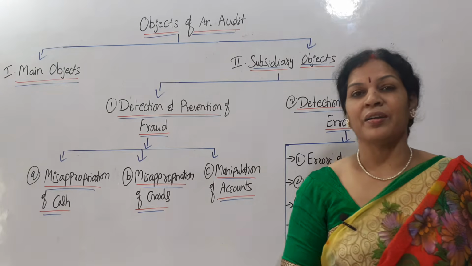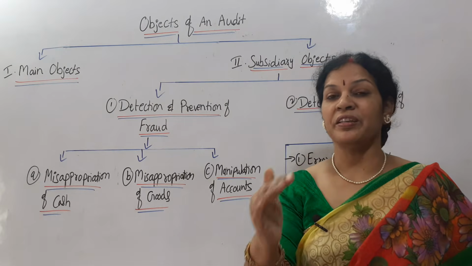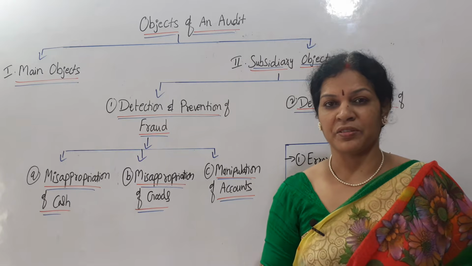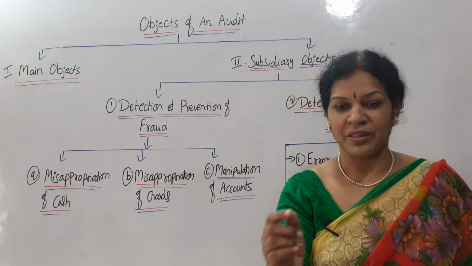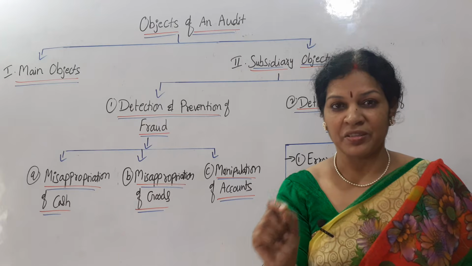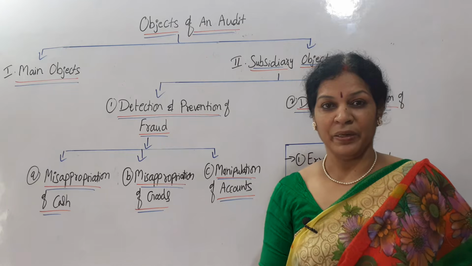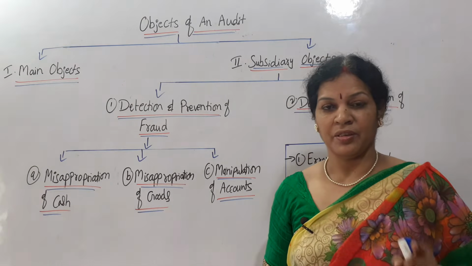Or another example, to the creditors the company has to pay 20,000 rupees. That is written in the books but exactly not paid. Not paid means this is misappropriation of cash.